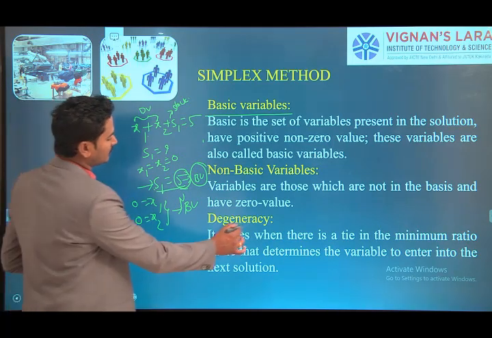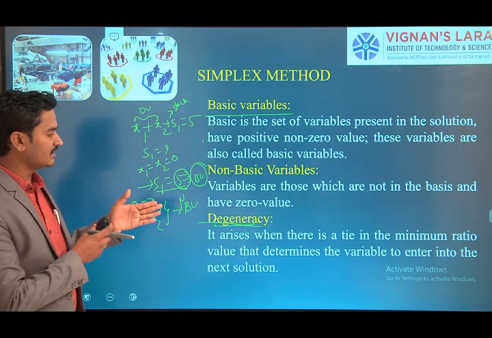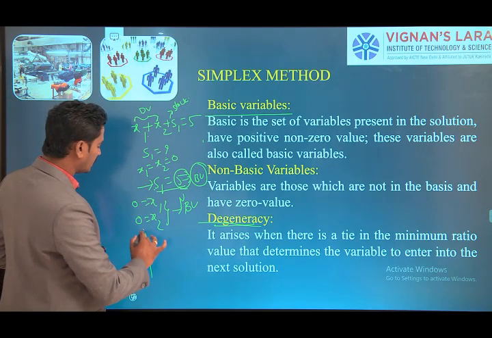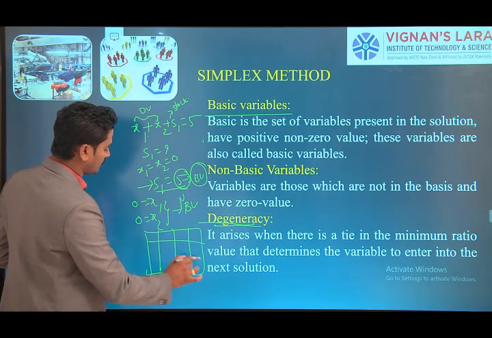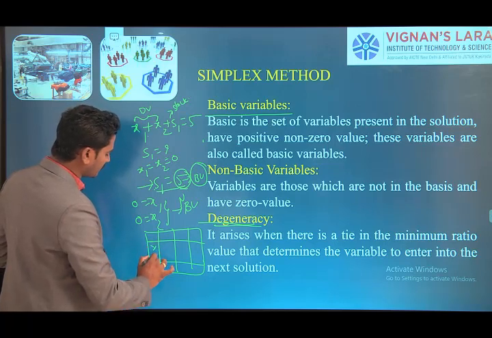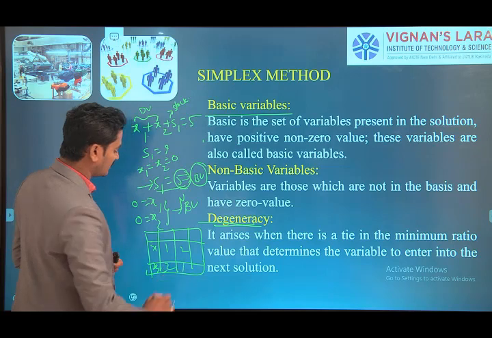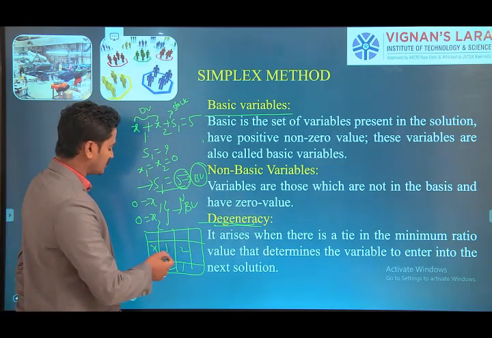Then coming to the degeneracy term. It arises when there is a tie in the minimum ratio. In simplex we find the minimum ratio to go to the next iterations. For example, if we have x1 and x2 constraints with coefficients 1, 2, 2, 1, we don't know which variable is leaving and which is entering.